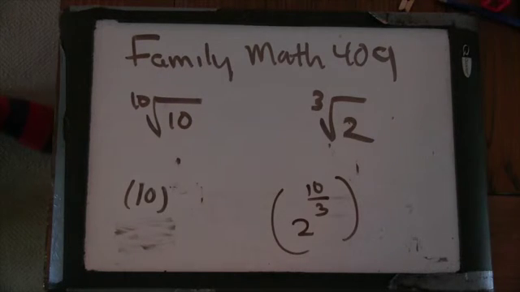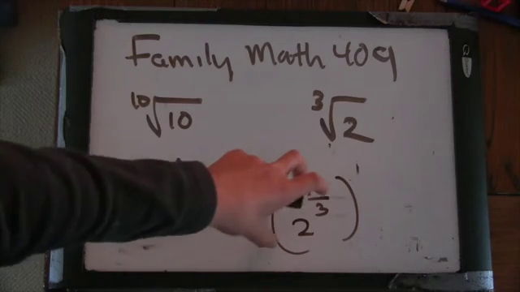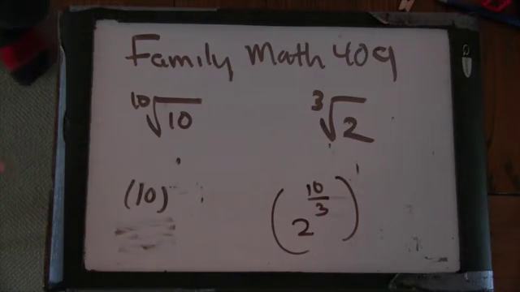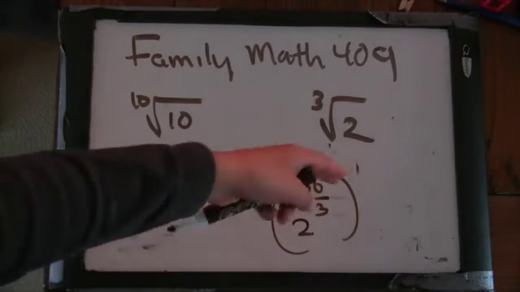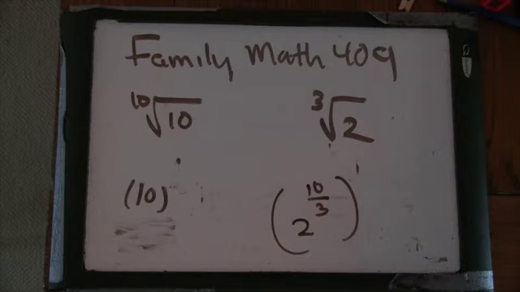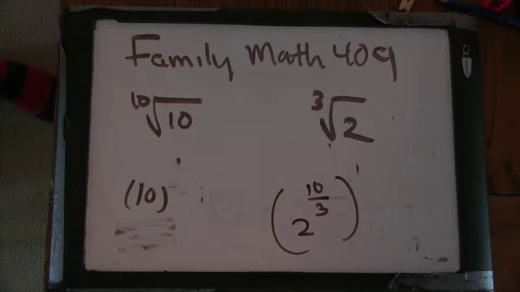Well, we could figure out what this is in square root form. Like, because you have the cube root of 2 to the 10th here. So you could do that.